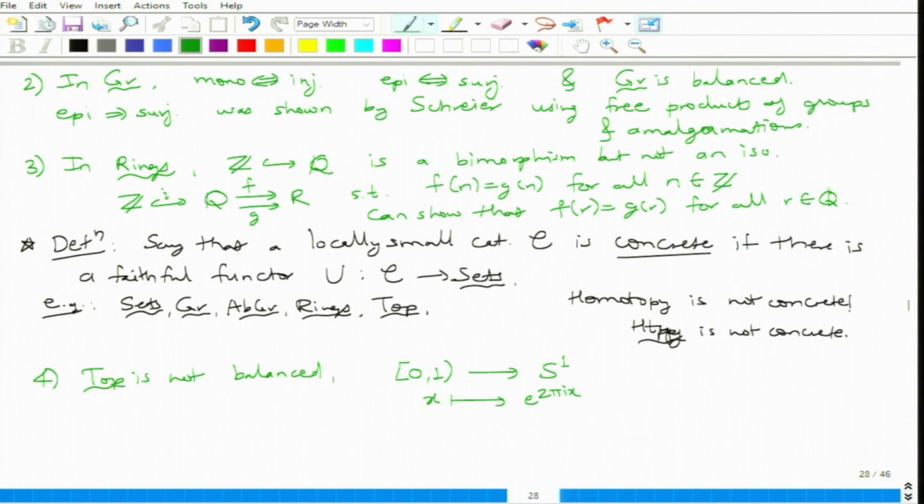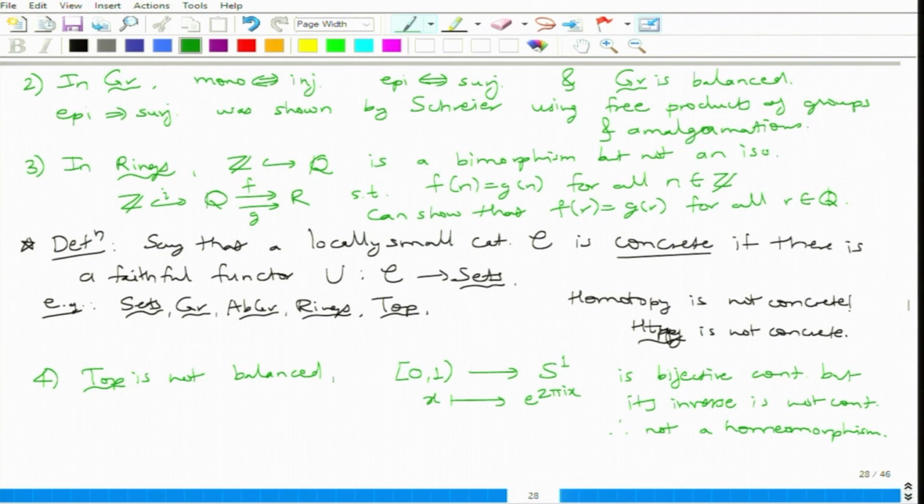This map is bijective, continuous, but its inverse is not continuous. And therefore, Top is not balanced. So therefore it is not a homeomorphism. Homeomorphism is a stronger condition than a bijective continuous function, and homeomorphism means an isomorphism in the category of topological spaces.